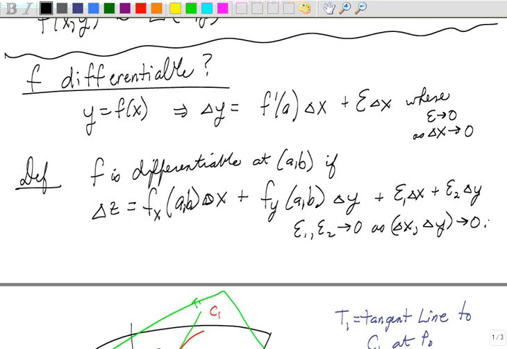Okay, but that's a really hard definition to prove. But I just wanted you to see how it looks compared to the 2-dimensional definition. It's pretty much the same.